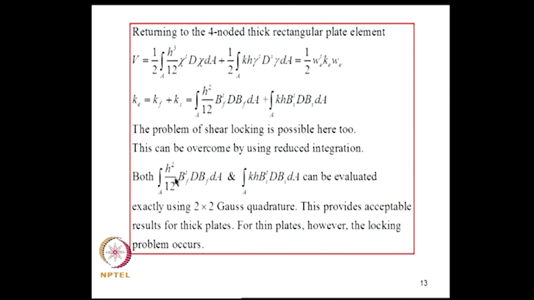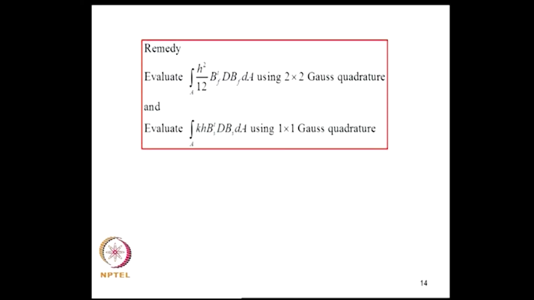If we examine the details of these integrands, these integrals can be evaluated exactly using 2 by 2 Gauss quadrature. This provides acceptable results for thick plates, but for thin plates the locking problem occurs if we do this. So, what is suggested is we evaluate the flexure component using 2 by 2 Gauss quadrature, but for evaluating the shear part we use a 1 by 1 Gauss quadrature. So, this indirectly ensures that the locking problem is eliminated.